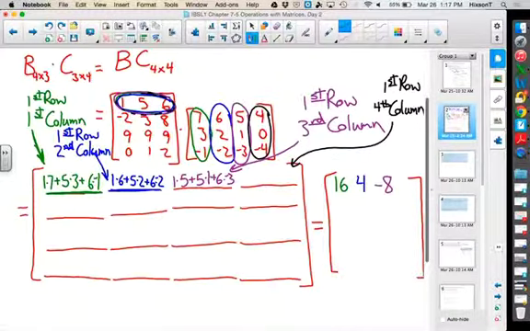So I have 1 times 4 plus 5 times 0 plus 6 times negative 4. So 4 plus 0 minus 24 is a negative 20. Alright? So now we are a quarter of the way done with the problem. Okay?